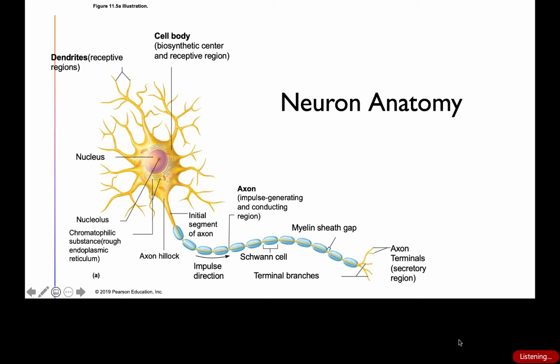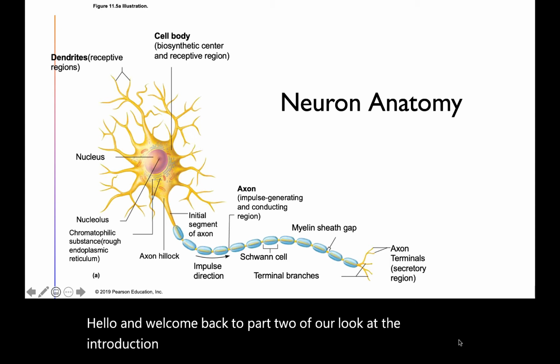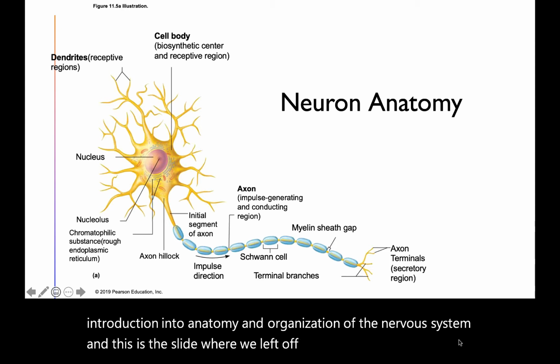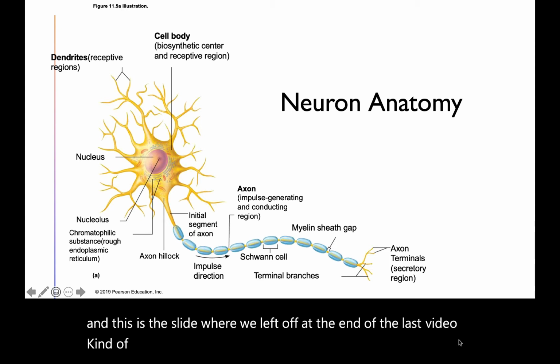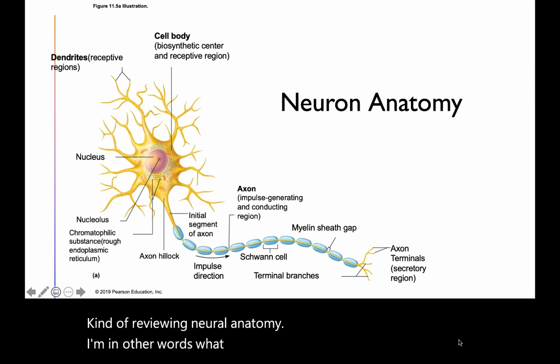Hello and welcome back to part 2 of our look at the introduction into anatomy and organization of the nervous system. And this is the slide where we left off at the end of the last video, reviewing neural anatomy. In other words, what is the anatomy of a neuron?